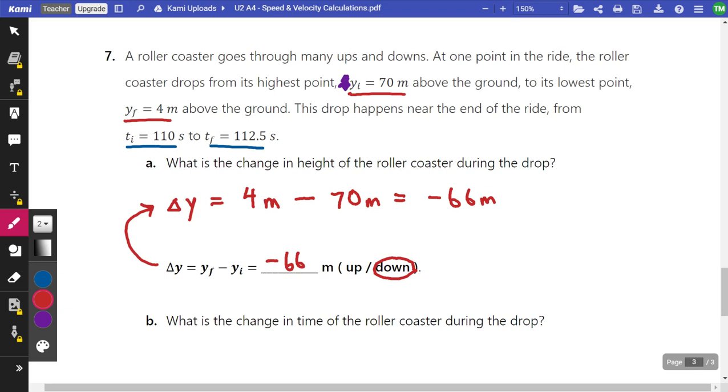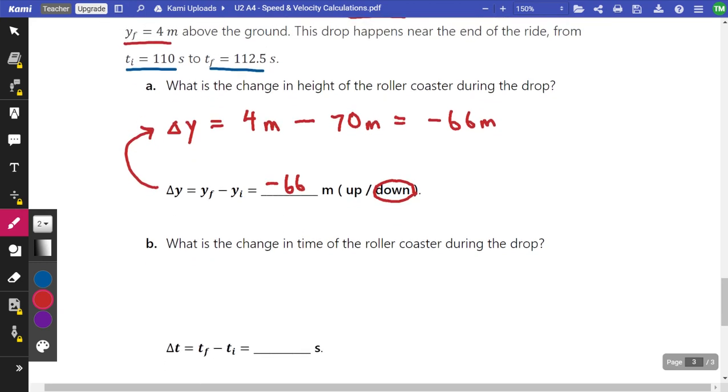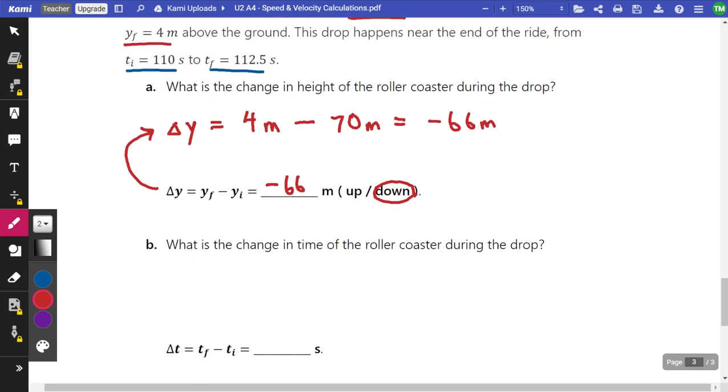It's not a mistake. So let's look at B, which is how long it takes for the roller coaster to go through that drop, going down 66 meters. Okay, so like the change in height, this change in time is going to be the final measurement minus the initial measurement, to say how long it took from 110 seconds to 112.5 seconds.